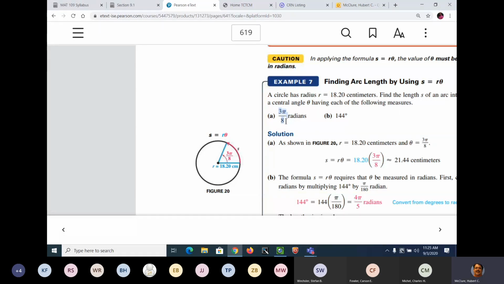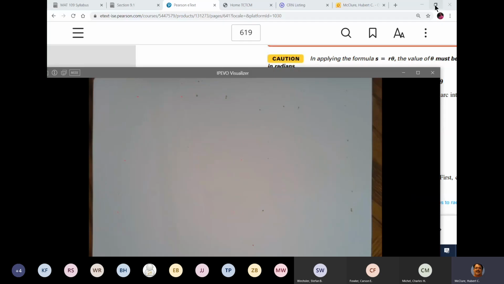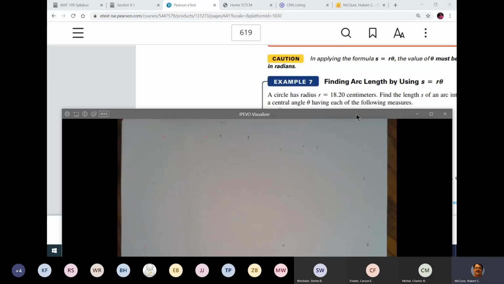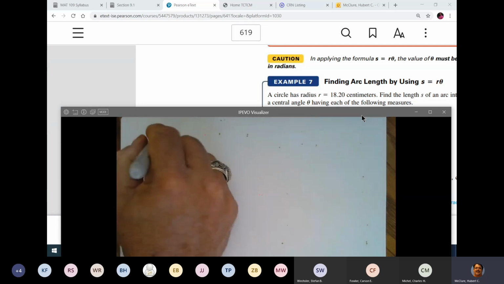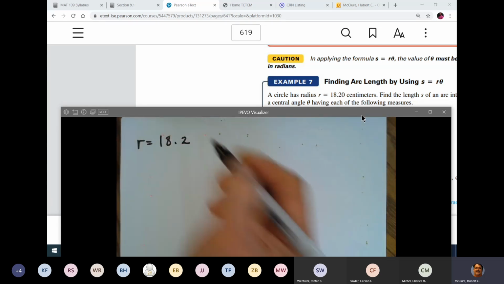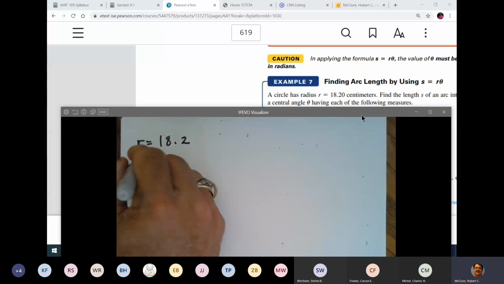Well, 3 pi over 8, that's already in radians. So what you would do there is you would take R equal to 18.2, and you're going to multiply that by the radians, which is theta.